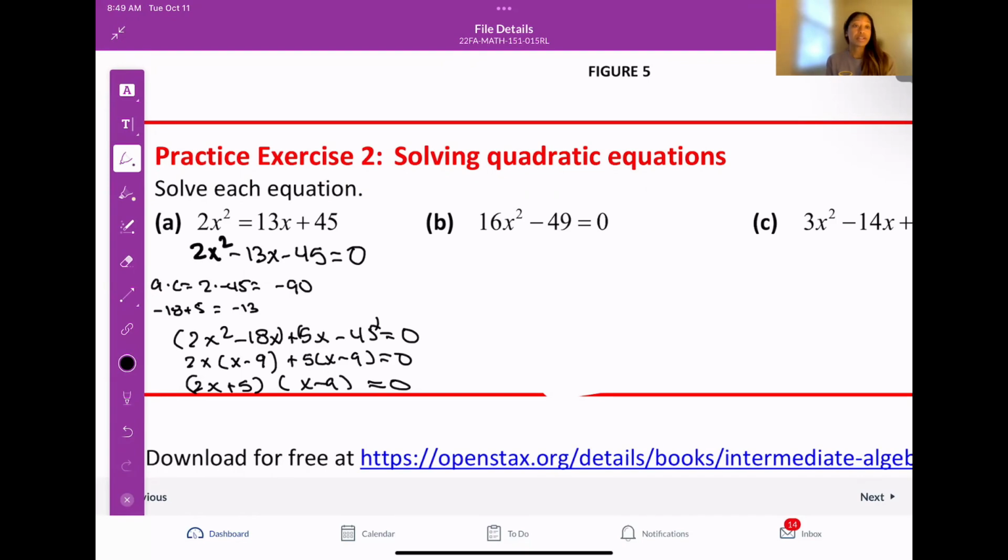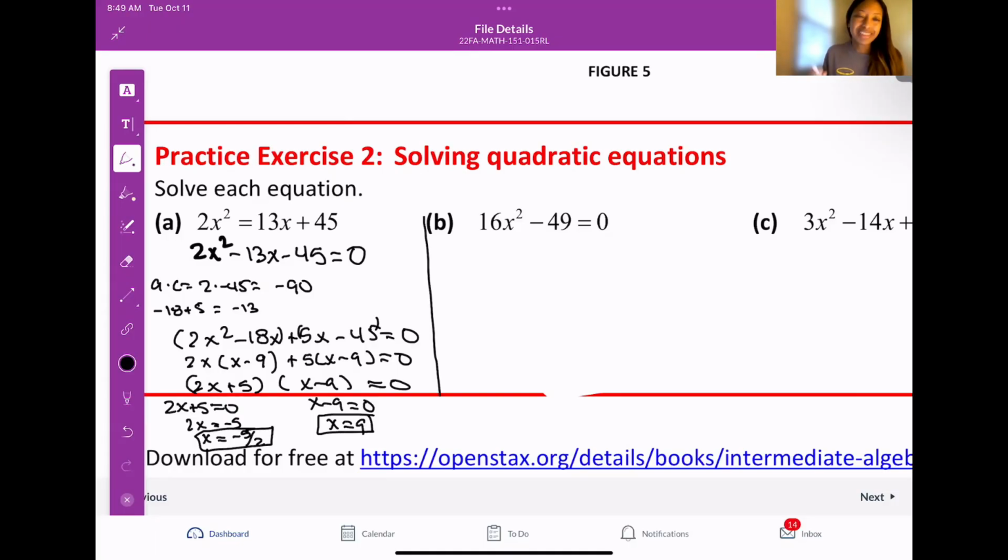We have factored the left-hand side as much as possible. Then we want to use the zero product property. If we set each of these factors to 0, 2x plus 5 equals 0, and x minus 9 equals 0, then that gives us 2x equals negative 5, x equals negative 5 halves, and x equals 9. These are our two solutions.